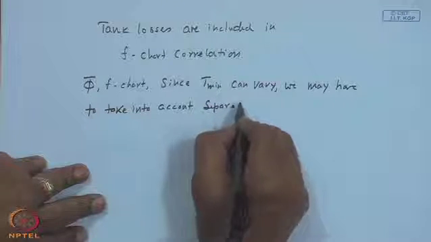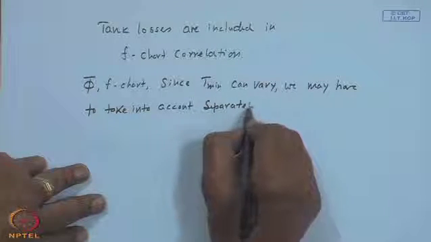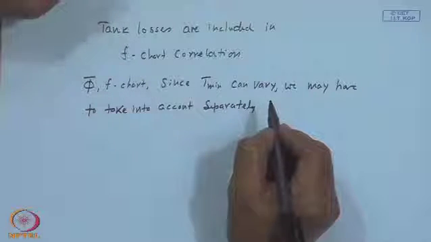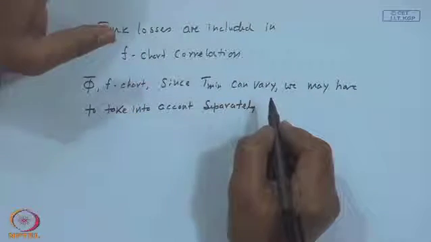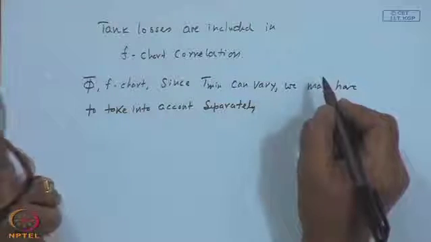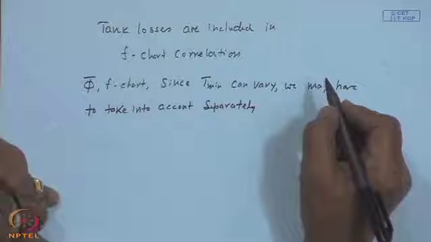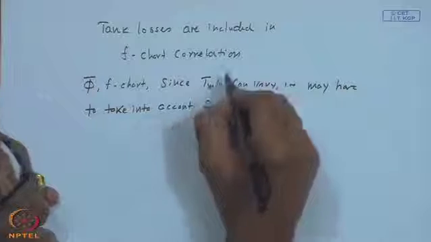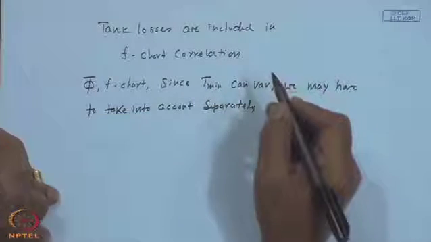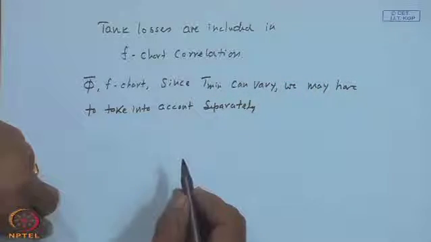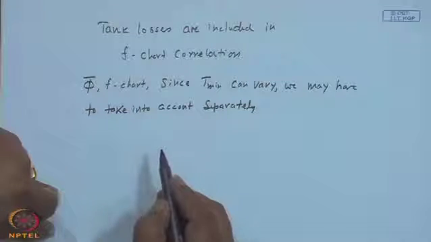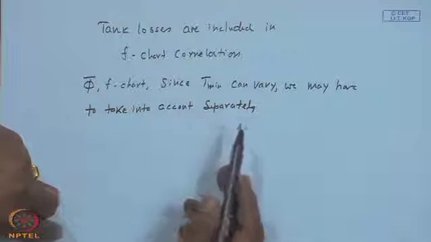In other words, F chart being applicable for energy delivery above 20 C, one can expect some sort of uniform, proportionate losses, whereas if T minimum varies from 20 to 60 to 80 C, my tank losses could be quite significantly different. So, you may have to include them separately.